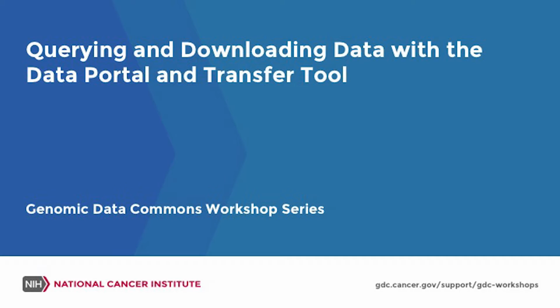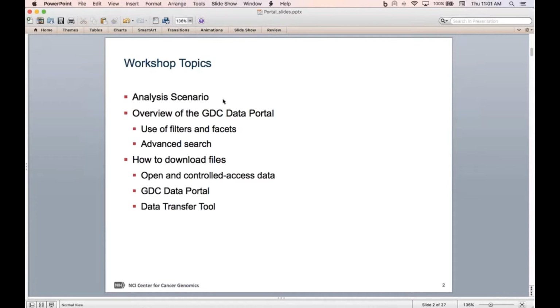Okay, so let's get started. What are we going to talk about today? As I mentioned broadly, we are going to focus on getting data out of the GDC. I'll introduce a general scenario for why you might be trying to access data from the GDC.